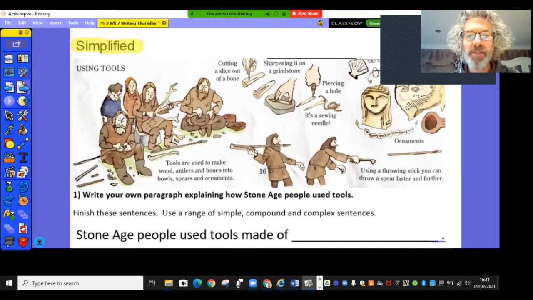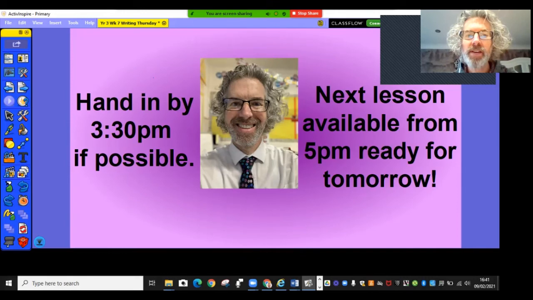And if you'd like it simplified, once again, I've given you the sentence starters to get you going. Here's the first one. Stone Age people used tools made of, and there's the place for you to insert the material, and that would make a simple sentence. And there's a chance for you to make compound and complex sentences too.